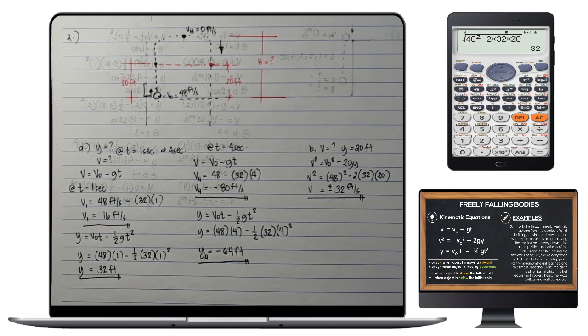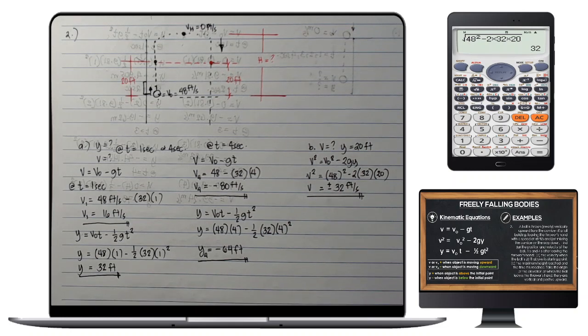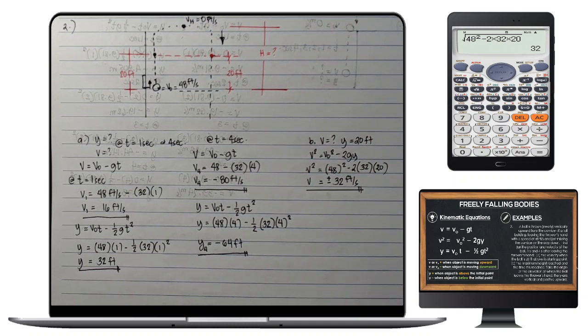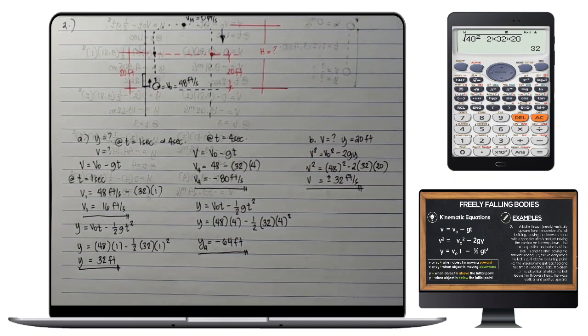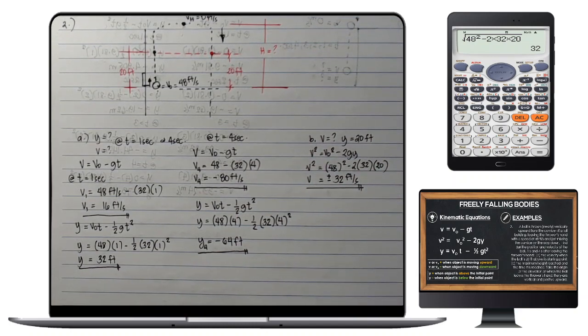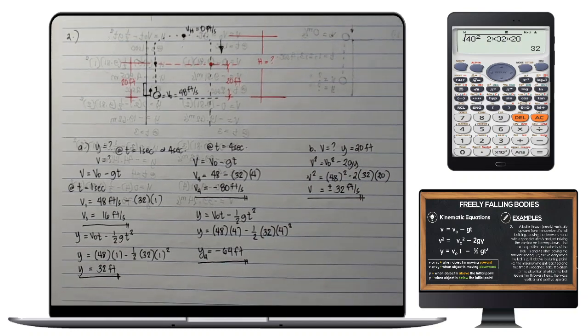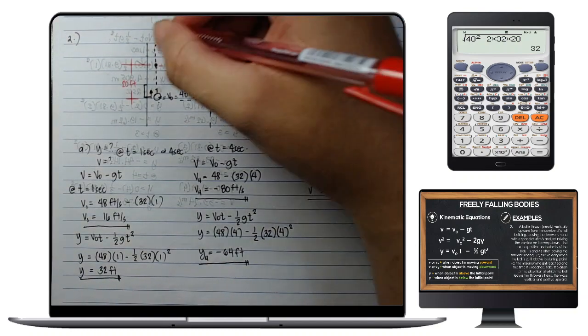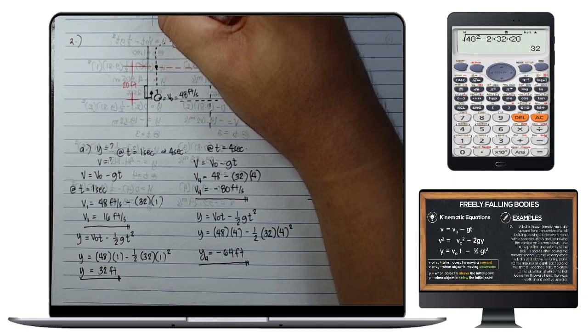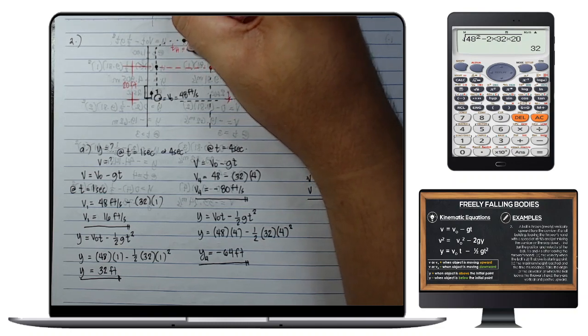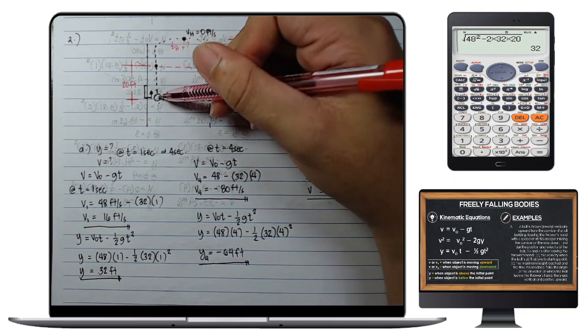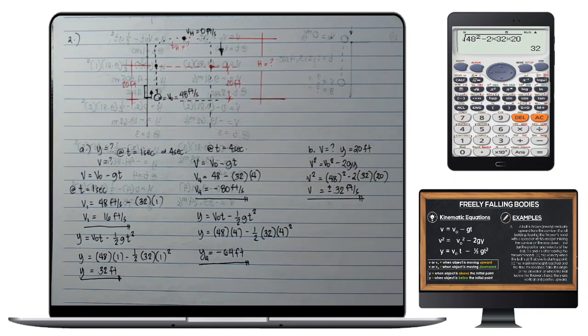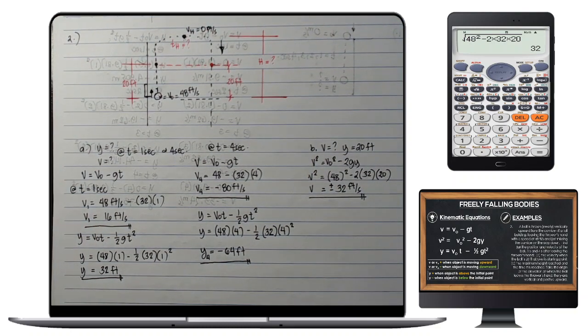Tinatanong sa atin is the maximum height reached and the time that it is reached. So, yung time to reach the maximum height, tawagin natin T sub h, from initial point up to the maximum height.